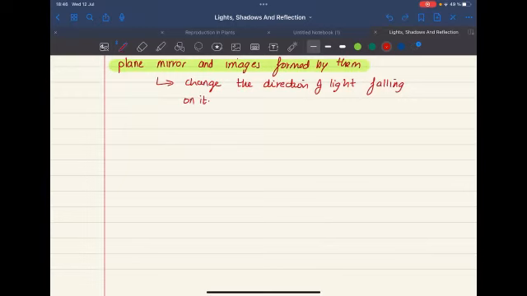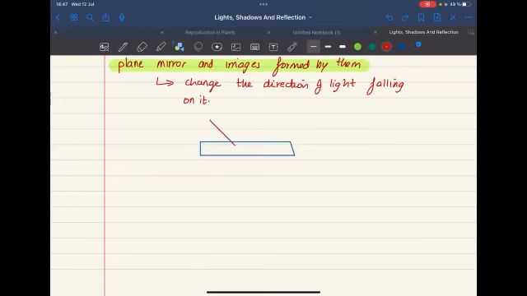For example, this is a plane mirror, a normal plane mirror that you use for reflection and everything. Now this light is falling on it. You must have learned this word, incident.